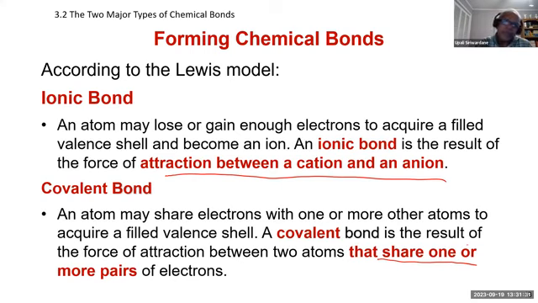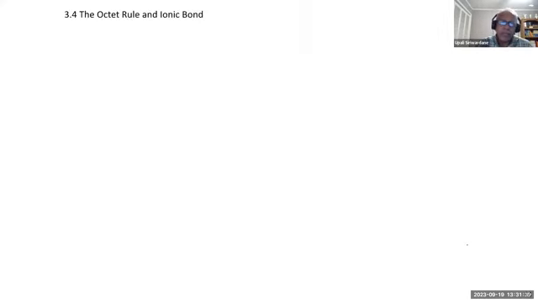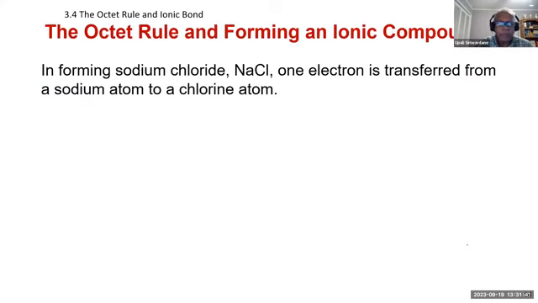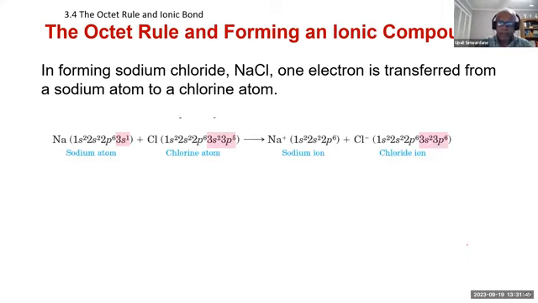So there are 2 major types of chemical bond based on the octet rule, called ionic bond and covalent bond. In forming sodium chloride, one electron is transferred from sodium to the chlorine atom. This is the sodium electronic configuration.